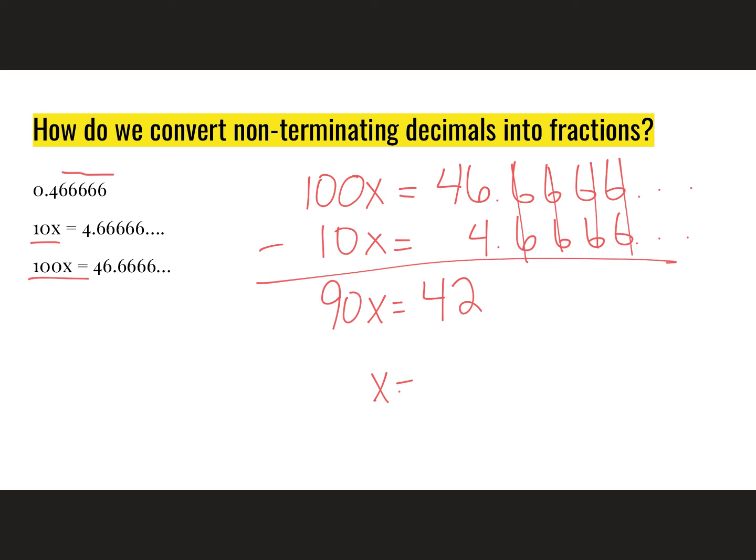So I get x equals 42 over 90. At this point, it's just a matter of reducing it. I know that 3 goes into both of these. 3 goes into 42 14 times, and 3 goes into 90 30 times. Then those can be reduced again by 2. So this is 7 over 15.